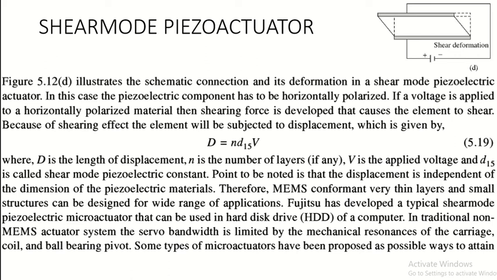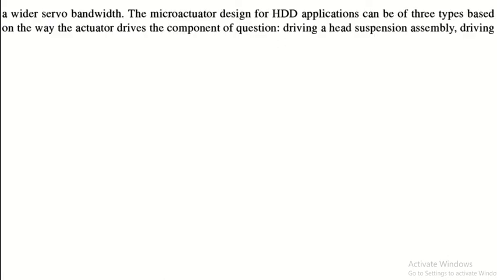Some types of micro actuators have been proposed as possible ways to attain a wider servo bandwidth. The servo here is the servo motor, which is used for some kind of actuation purpose.